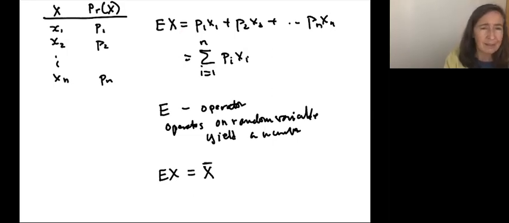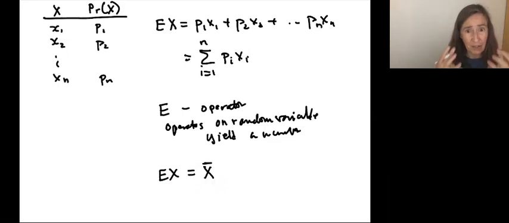And just like with the different notations for derivatives, the different notations emphasize different aspects of the thing. The E notation emphasizes that this is something we're doing to a random variable and transforming it into a number. The X bar notation draws our attention to the idea that it is a number.